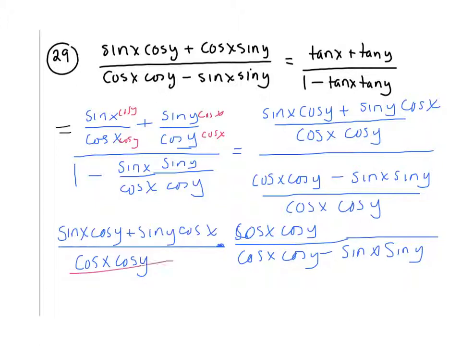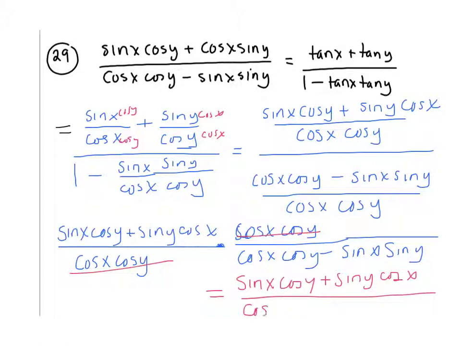I'm going to cancel those two things, and I'm basically left with sine x cosine y plus sine y cosine x all over cosine x cosine y minus sine x sine y. And I'm done. Whew.